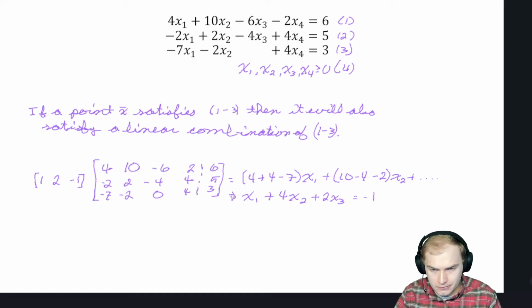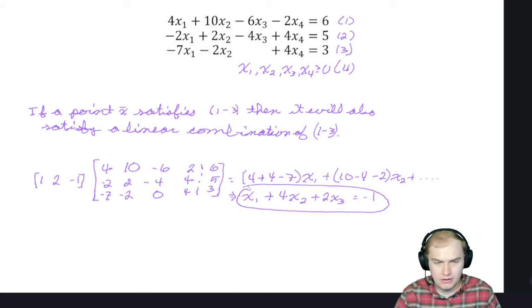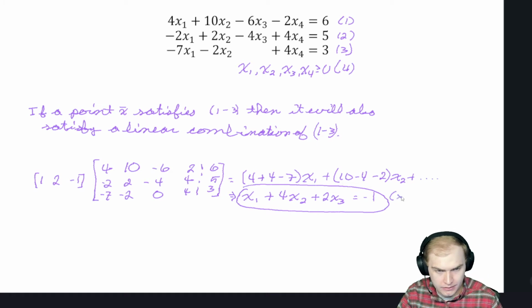So, right, that's what that gives us, this equation. I'm going to call this star.